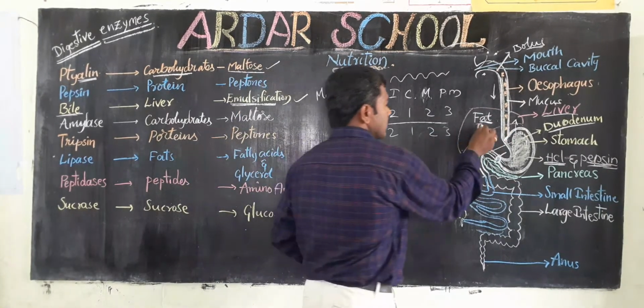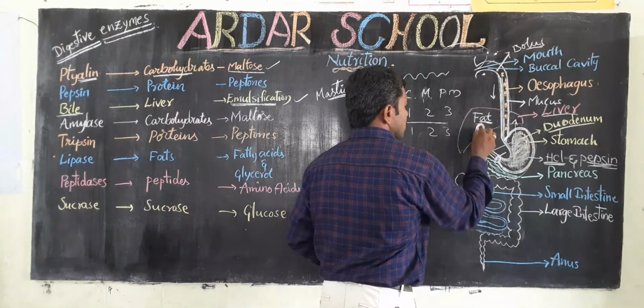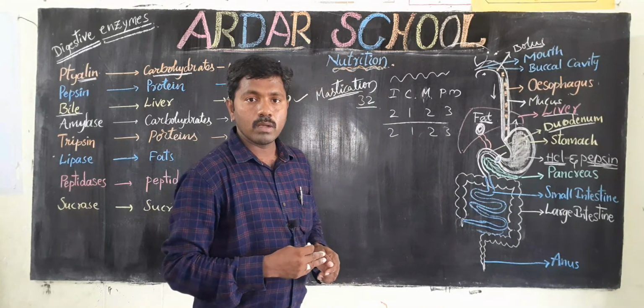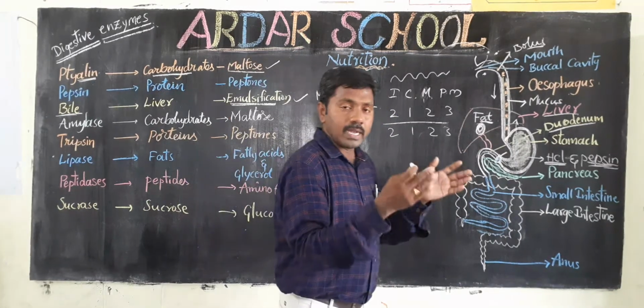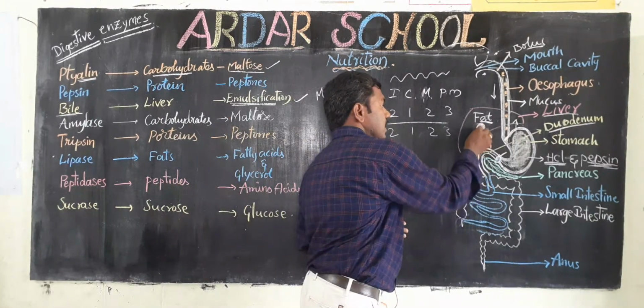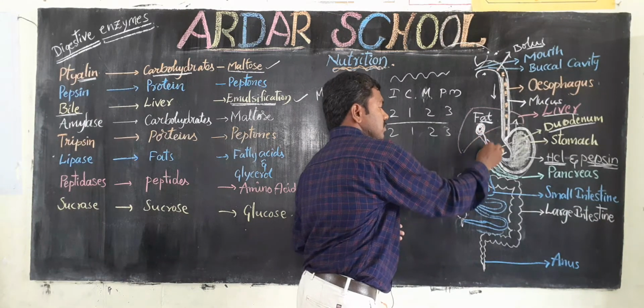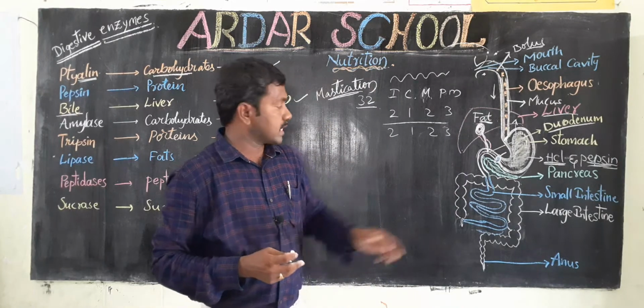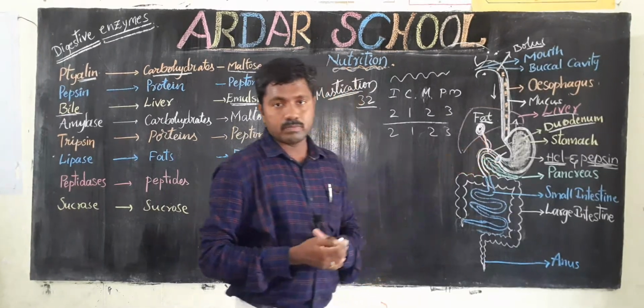They are stored in this pear-like, round structure. It is called the gallbladder. The bile juices are stored here. After that, they are released into the duodenum.